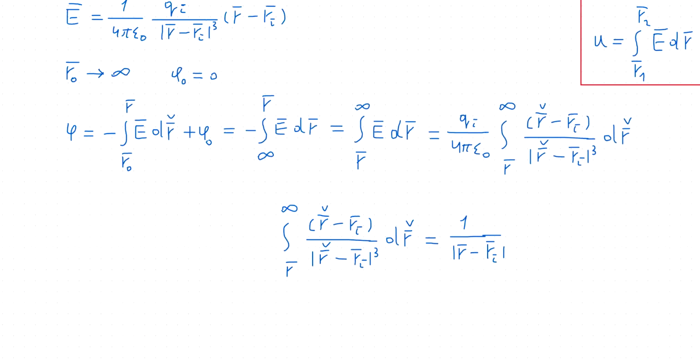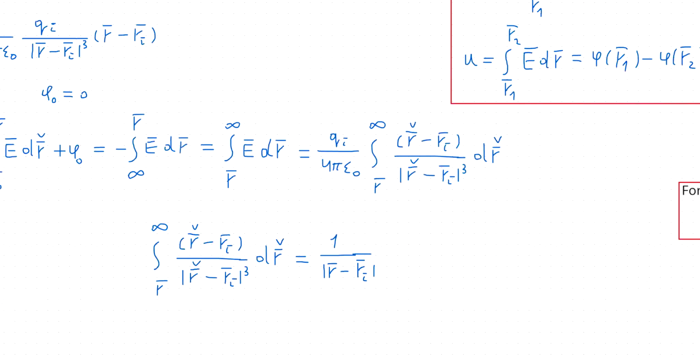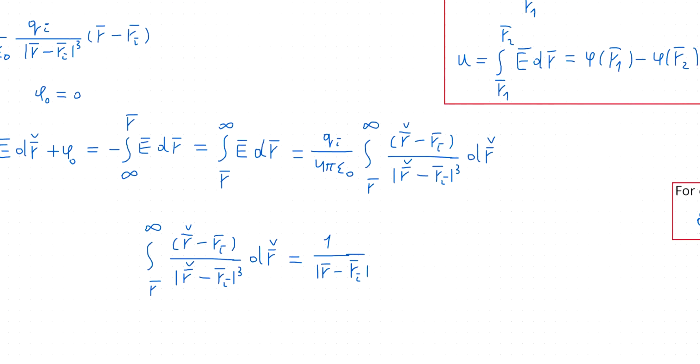So what do we have? We have that electrostatic potential of point charge is equal to 1 divided by 4 pi epsilon 0, q i divided by absolute value of r minus r i.